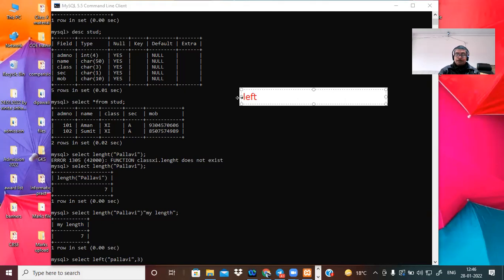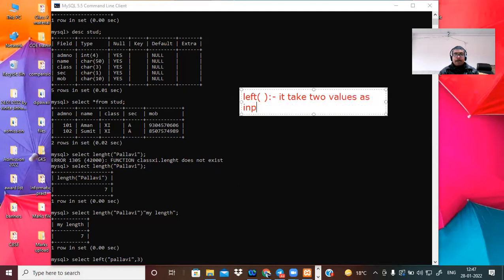Okay, left. So what will left do? It takes two values as input: one string and another number.